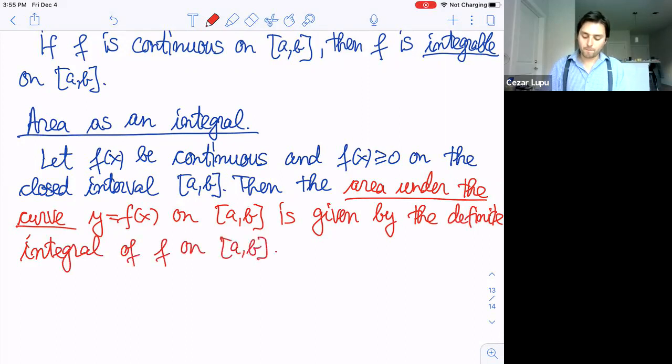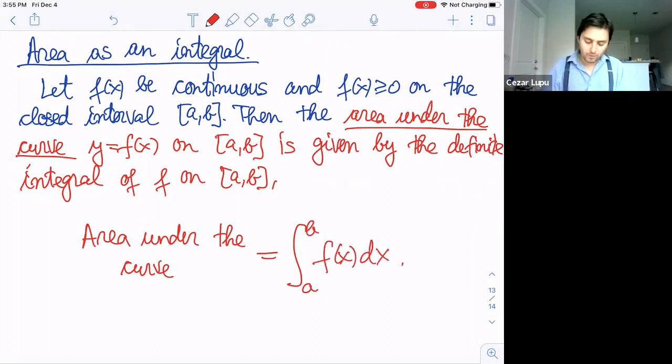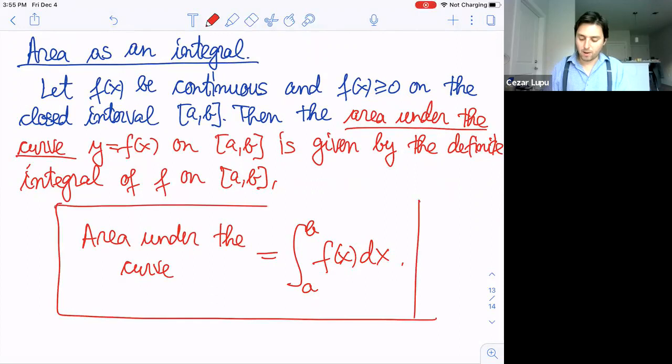In other words, we have the following beautiful formula: the area under the curve is nothing else than the integral from a to b of f of x dx. So that's what you have to keep in mind. This is the most important thing that you learn about definite integrals. You have to know that this is the area under the curve y equals f of x.